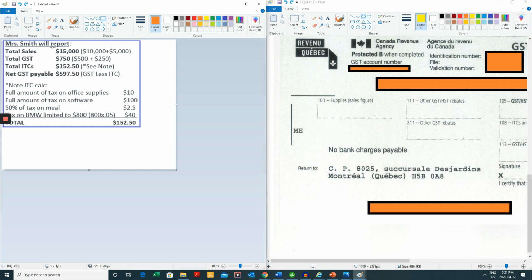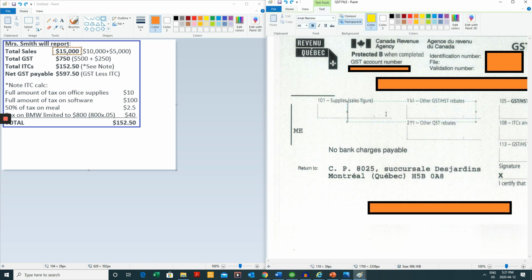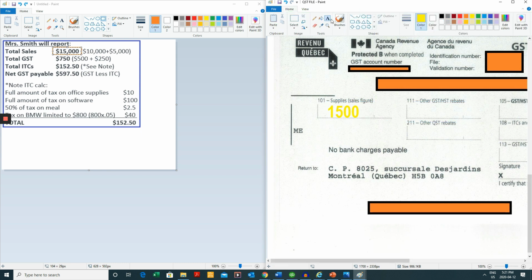Ms. Smith had total sales of $15,000. So we would have to let the government know that we have 15K in this box.